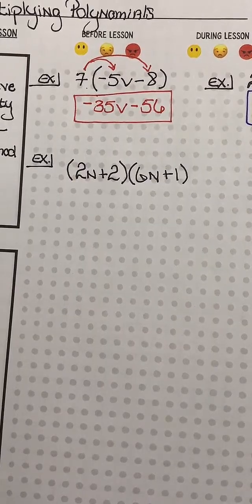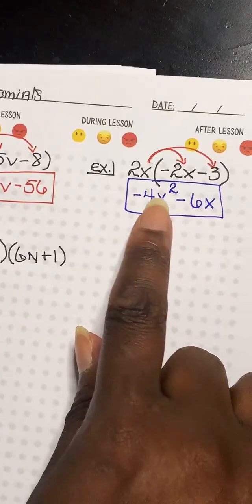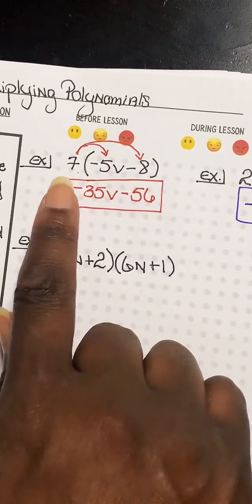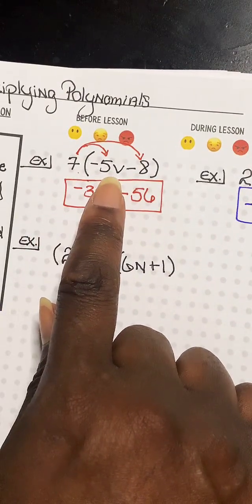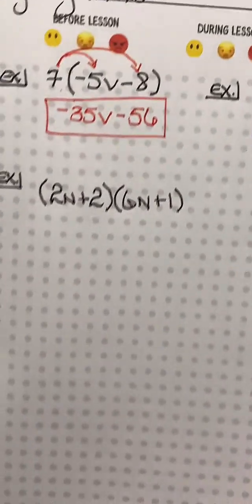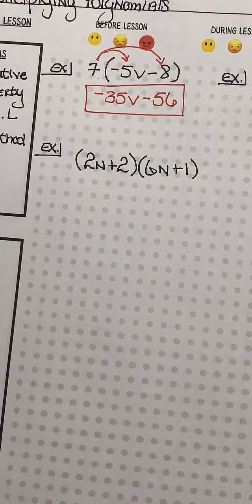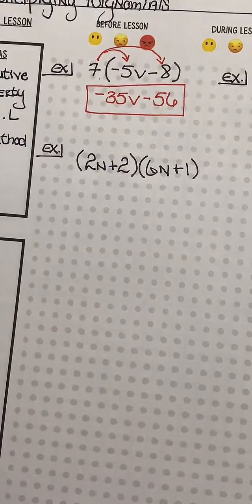Let's keep it simple. You see how we did distributive property up here and here? We just took one term and we multiplied it to everything in the parenthesis, right? You are going to do the same thing, but you're going to do it twice.